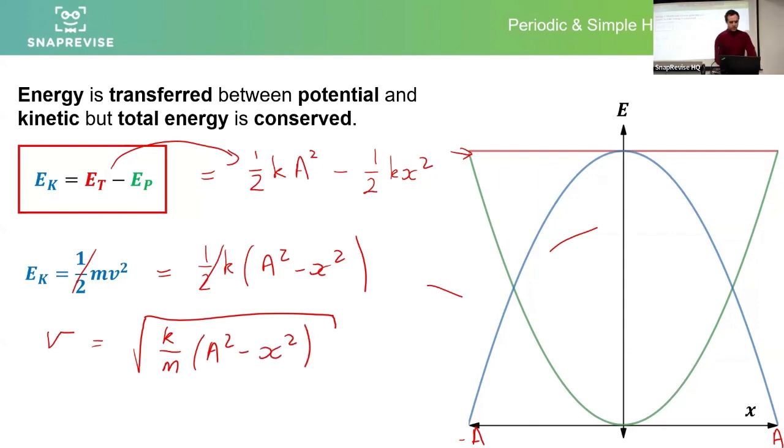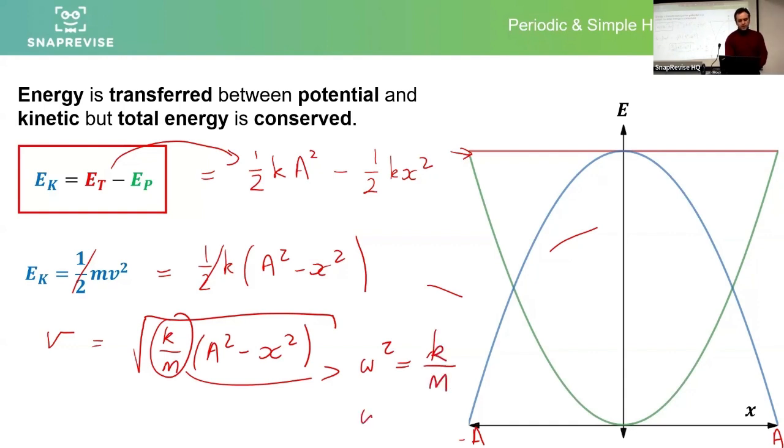And we can then say, look, from a few slides ago, we know that omega squared is equal to k over m. Or rather, I think it actually said that omega is the square root of k over m, but hopefully you can recognize those are the same thing. If this is omega squared here, we can take that out. We can say, look, v is plus or minus omega times the square root of A squared minus x squared.